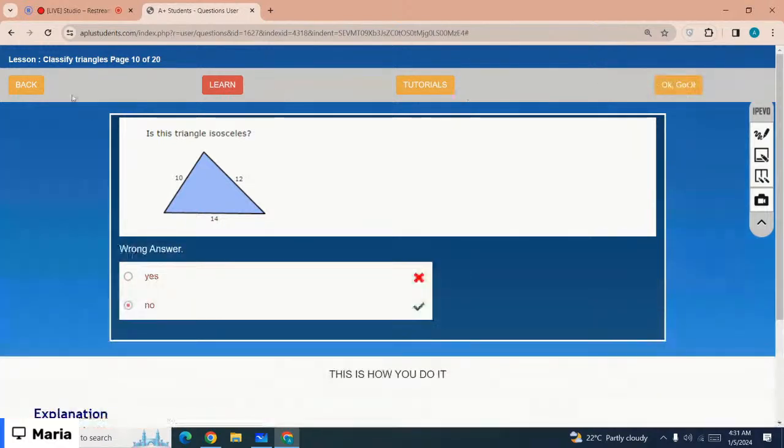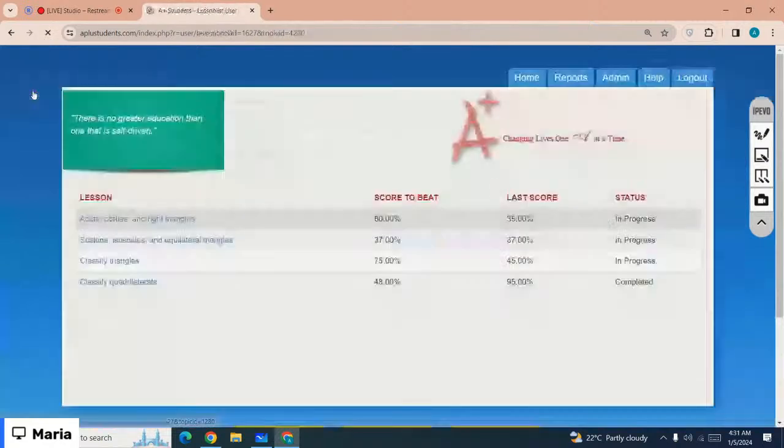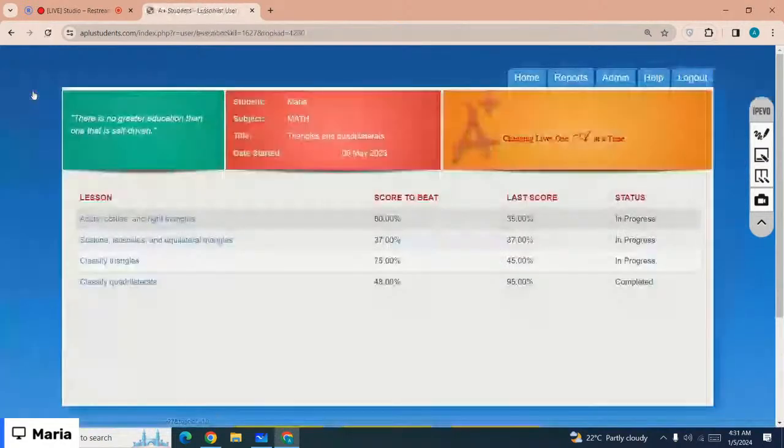Okay, you can complete the lesson. No, this is not the isosceles. Okay, you can complete the lesson by yourself later today. Let's just move on to the next lesson. The next lesson is classify quadrilaterals. So let's just start with the next lesson.